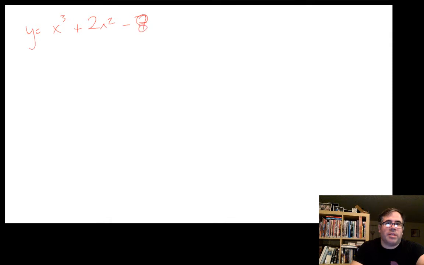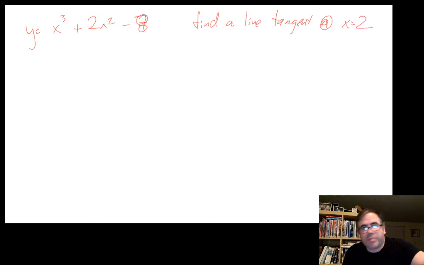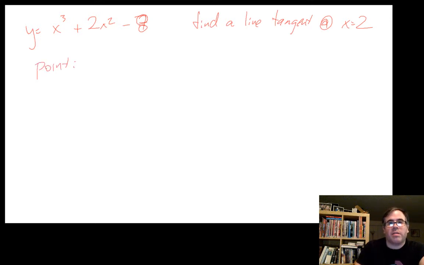Let's make that 8. So it's like finding the equation of a line tangent to the curve at x equals 2. We need two things for the equation of a line, right? We need a point, and we need a slope.